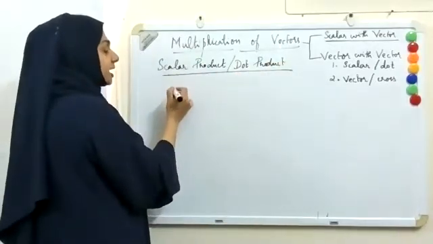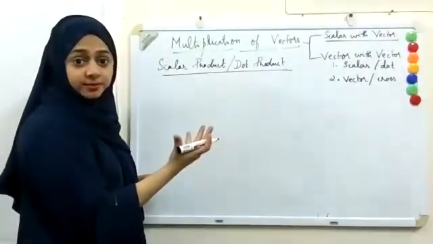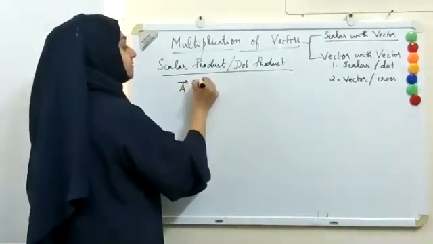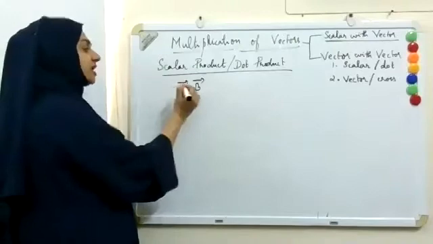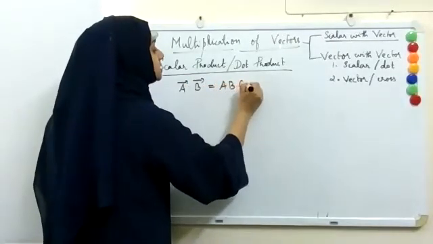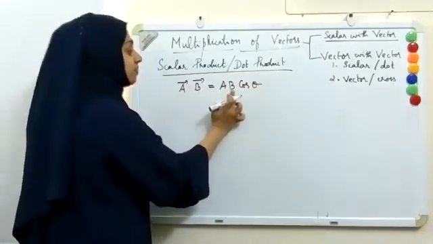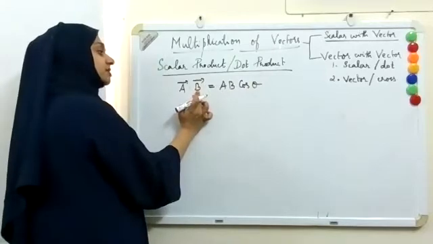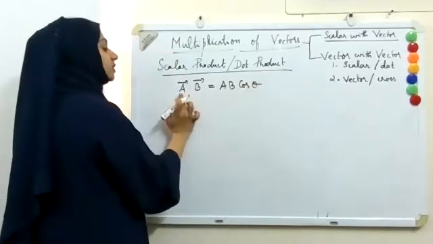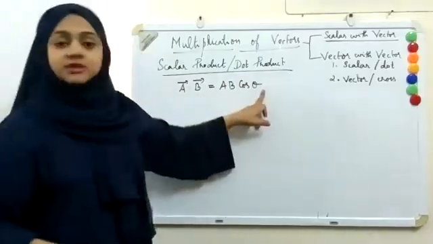Suppose A is a vector, B is another vector. When you are finding the scalar product, you can write it as A dot B. And it is defined as equal to AB cos theta, where A is the magnitude of vector A, B is the magnitude of vector B, and theta is the angle between vector A and B. Do I have to represent here anything for direction?